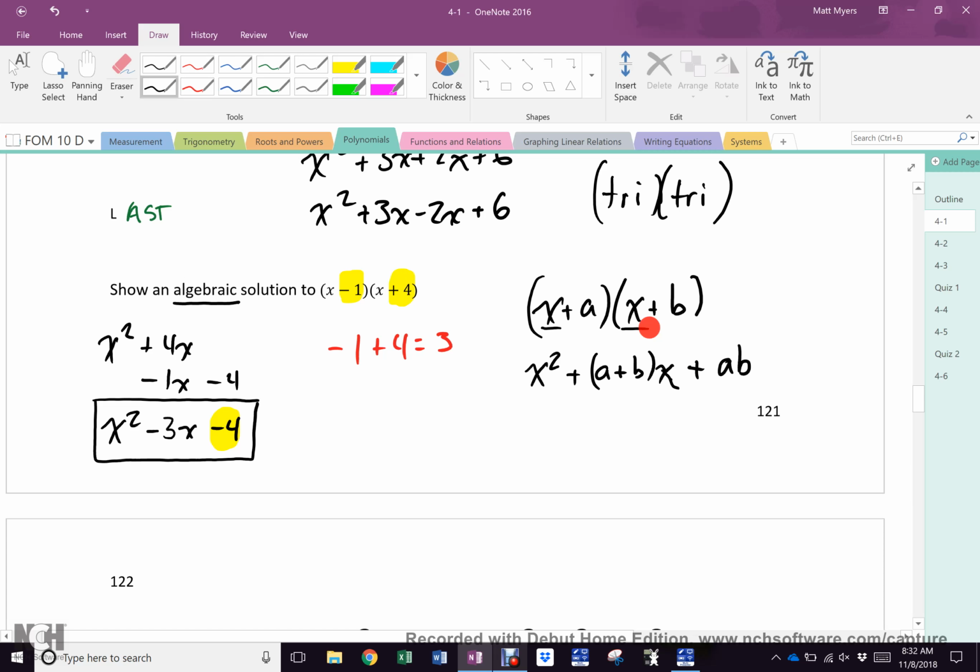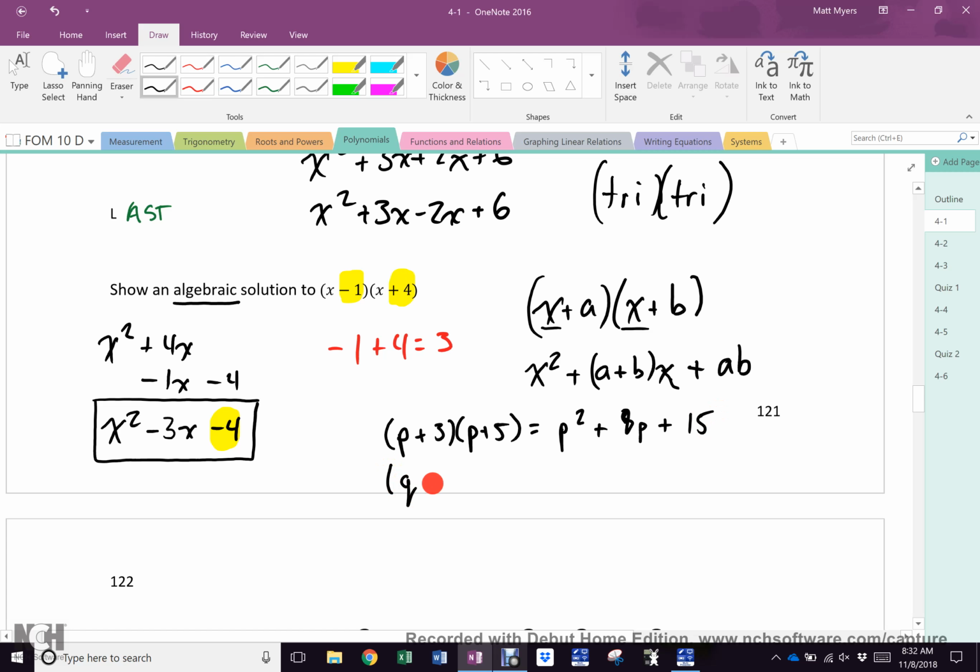Let's see if you understand. What is p plus 3 times p plus 5 in about 3 seconds? No drawing. P squared plus, which is 8p plus 15. Good.